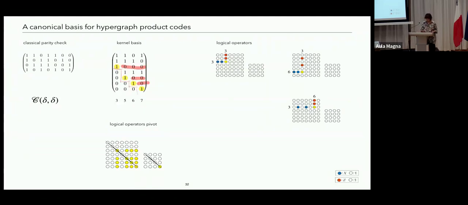I would say. So the logical operators that are supported on the left, the ones that are supported on the right, and the ones whose pivot lies on the diagonal, like for this logical here. This is a logical X, and this is the corresponding logical Z, and they anti-commute.